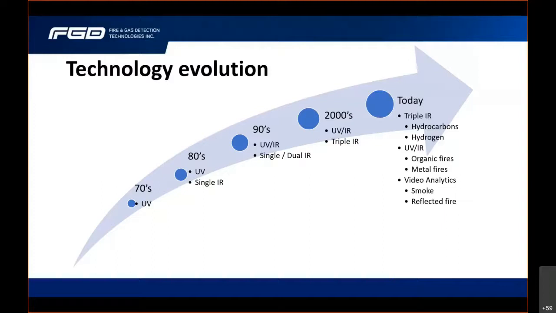We are either looking at triple IR flame detection, very much for outdoor use and for special fuels that we will be looking for, or we would be looking at UV IR based flame detection, and typically they're used for more exotic fires, and also typically they're more used indoors. And also on the market nowadays, there seem to be a number of fire and security type companies that are focusing more on video analytics, particularly looking at things like smoke detection and also reflected fire detection, mainly for indoor use.